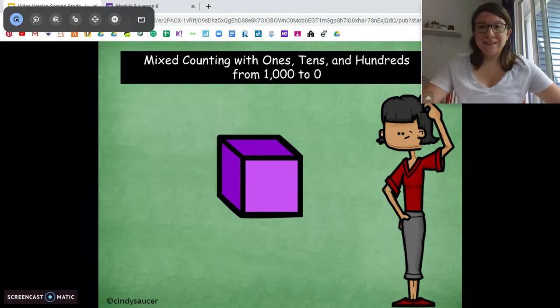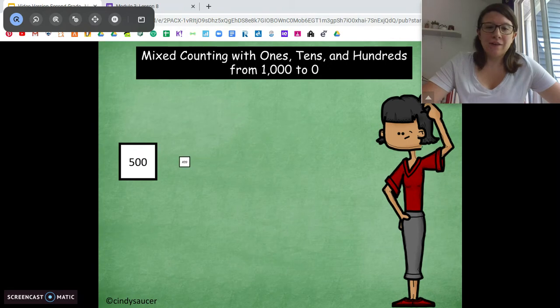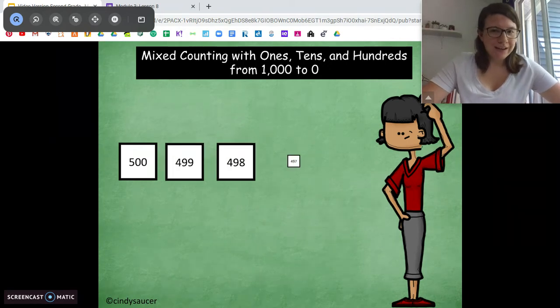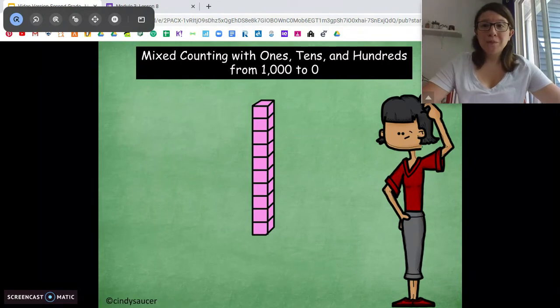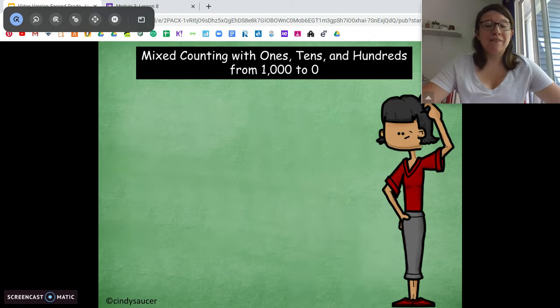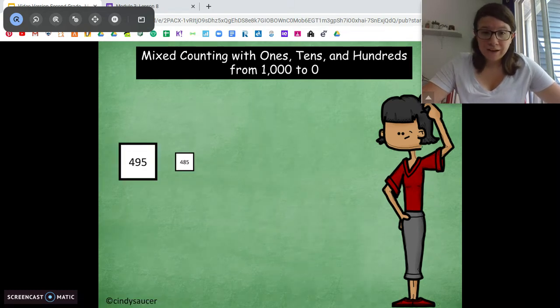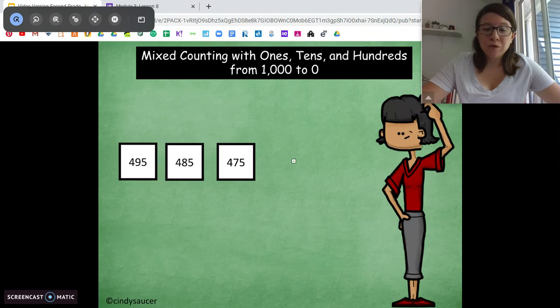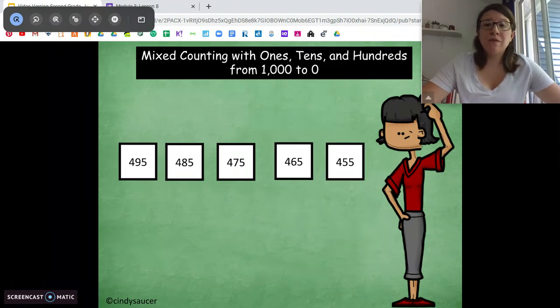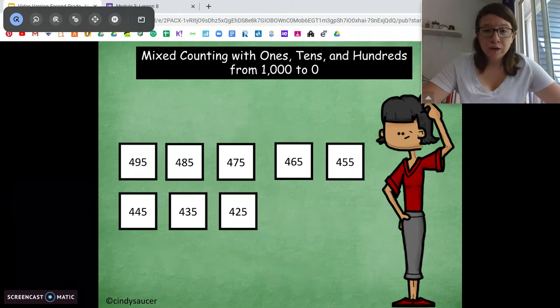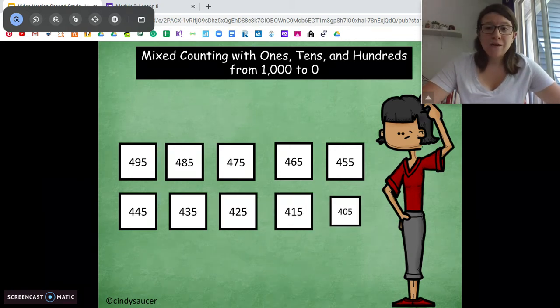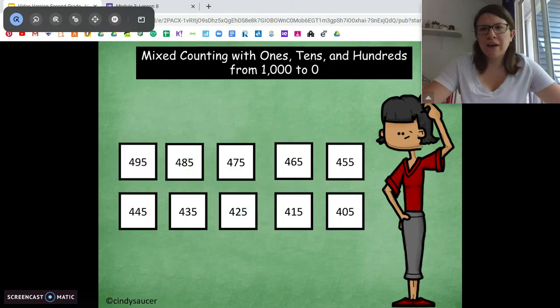Now what? Ones. Very good. Starting at 500, count backwards by ones. 500, 499, 498, 497, 496, 495. Oh, now what are we counting by? Tens. Starting at 495, 485, 475, 465, 455, 445, 435, 425, 415, 405.